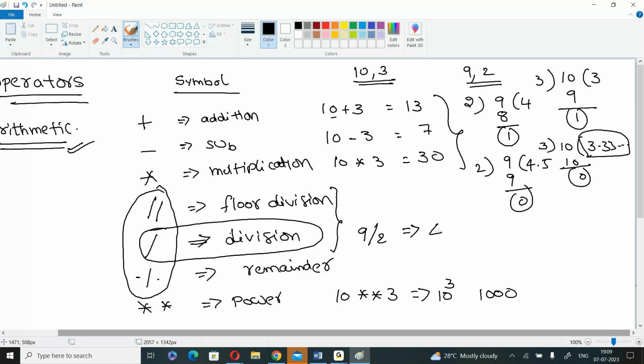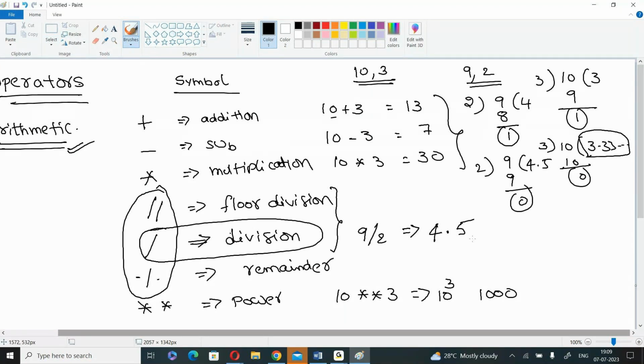The answer is 4.5. Even though 9 is an integer and 2 is an integer, you already know what an integer is, whole numbers. Even though numerator and denominator both are integers, the result is exact division.